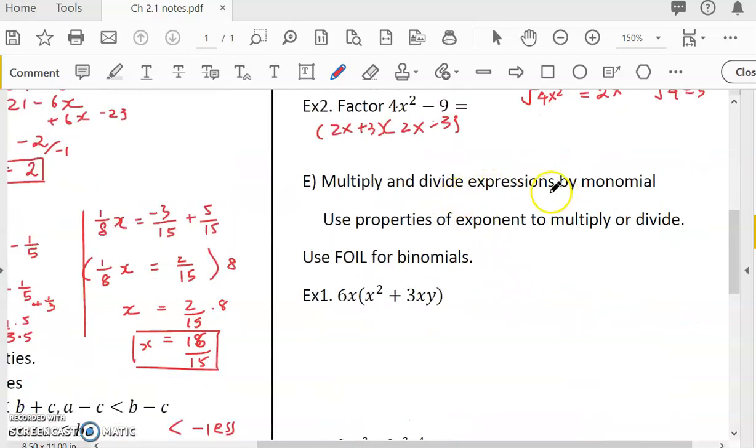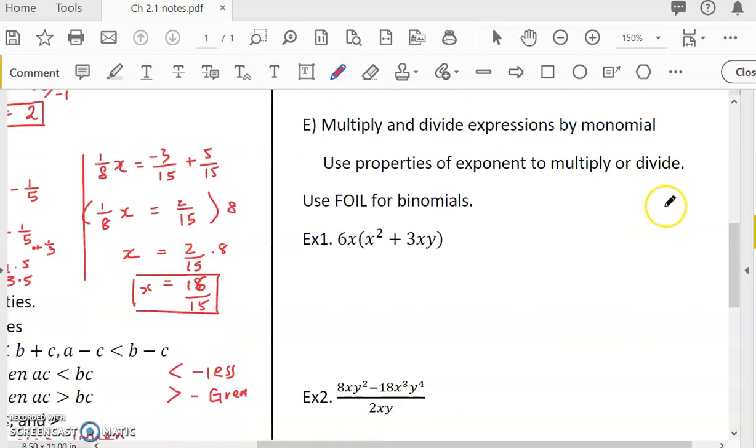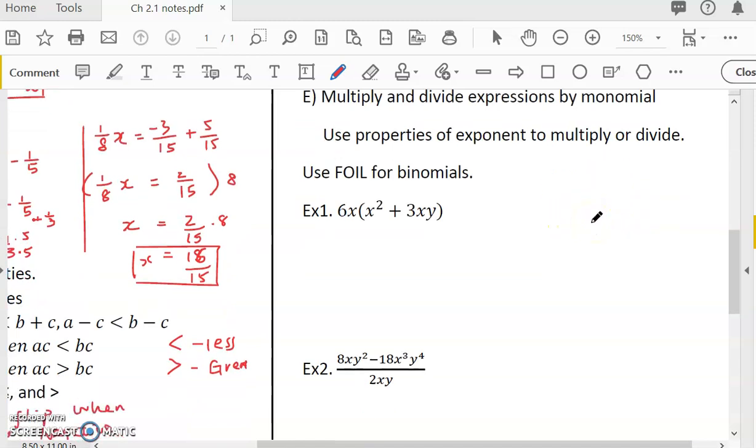The next thing is multiply and divide expression by binomial. So if I have a binomial that I want to multiply into a fraction, we use property of exponent to multiply and divide. Earlier when we solve linear equation, we multiply by number. Now I have 6x to multiply to x squared plus 3xy.